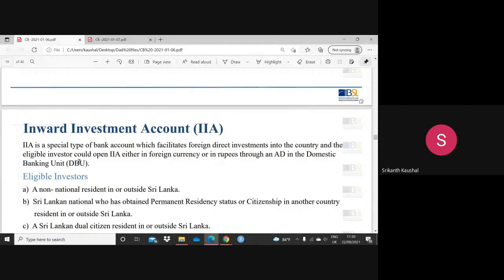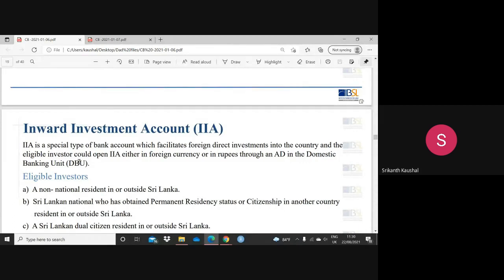Inward investment account. I have highlighted the first paragraph, very important. IIA is a special type of bank account which facilitates foreign direct investment into the country. And the eligible investor could open an IIA either in foreign currency or in LKR through an authorized dealer in the domestic banking unit.